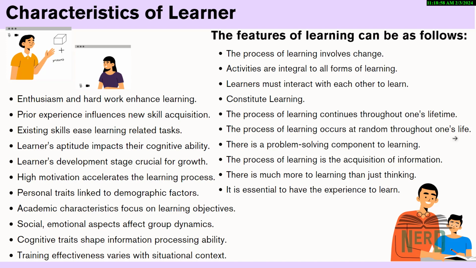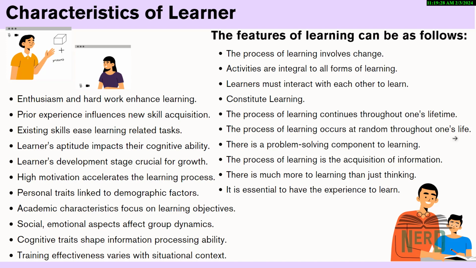Then academic characteristics focus on the learner's goals, and their prior knowledge and education level. And it's similar to how a gamer might have different objectives in a game, like completing all levels, finding all the secrets, or just enjoying the story. Social and emotional aspects are also crucial, right? This includes how learners interact with others, their self-image, and feelings of self-efficacy.